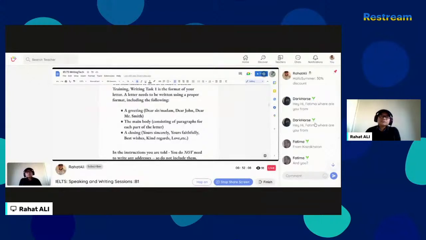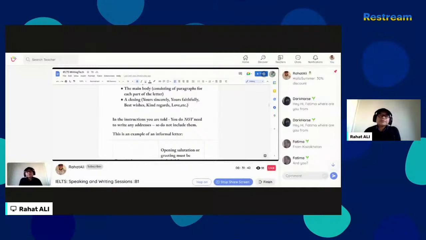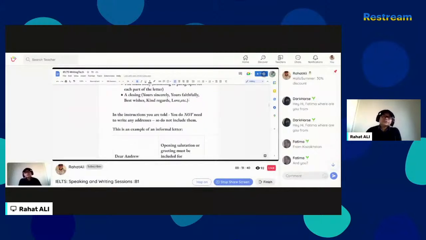The closing, we call it conclusion. Okay, in the instruction you are told you do not need to write any address, so do not include them. This is an example of an informal letter.